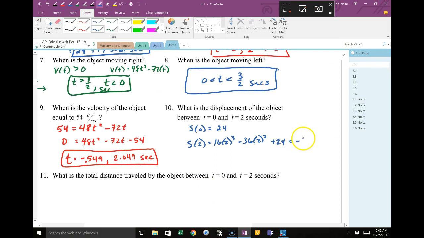So, anybody get a number for that? I got negative 16. No, I didn't. Just kidding. That's the final answer. I have no idea what I got. Does anybody have it? I got 8. You got 8? Okay. 8, weird.